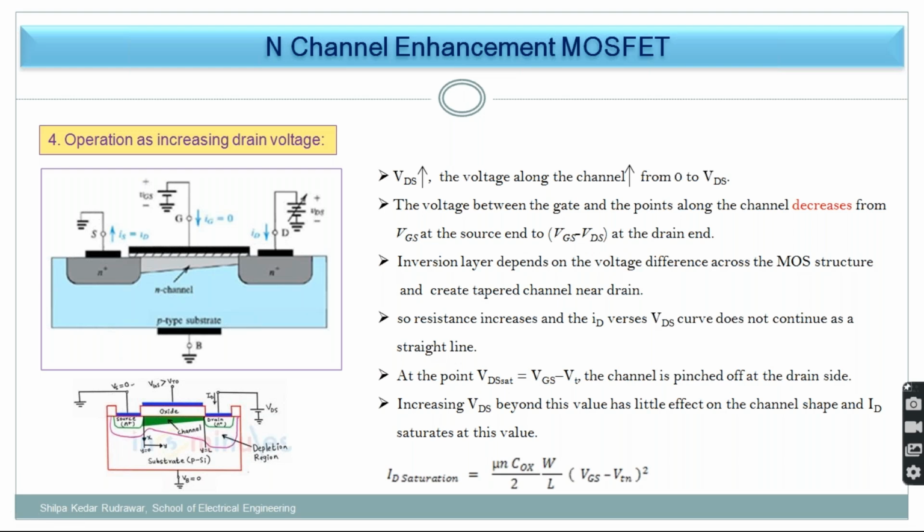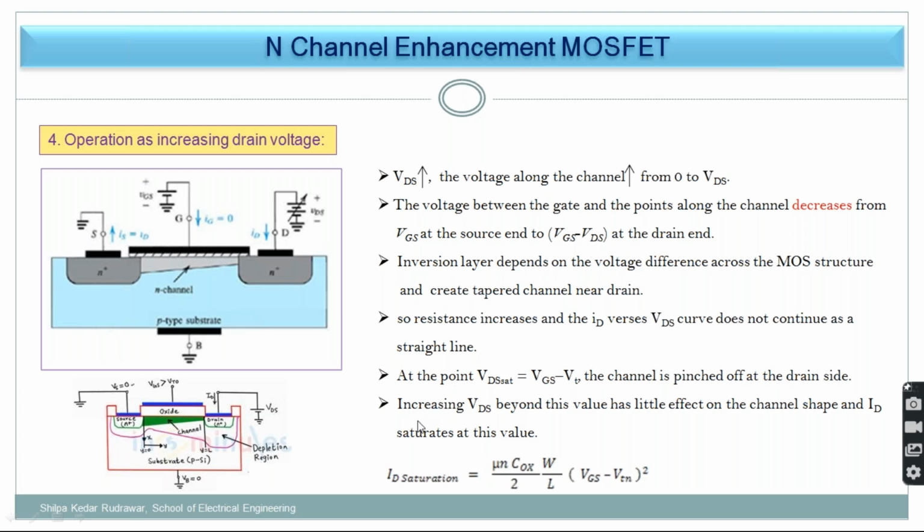What is the pinch off region? When VDS is equal to VGS minus VT, the channel gets tapered and moves toward the source. Previously it was parallel, meaning it had the same width, but now it is shifting over here. Again if I increase VDS, it will shift further, becoming more and more tapered, and the channel moves toward the source.